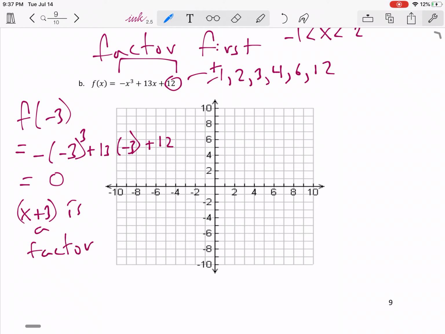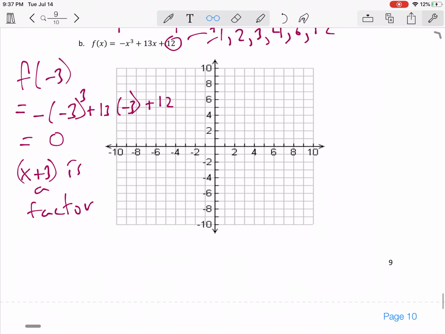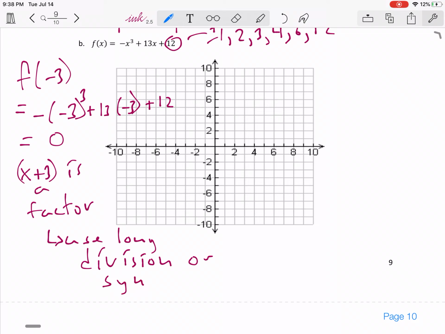Now I know that's a factor, and so the next thing I do is use long division or synthetic division.